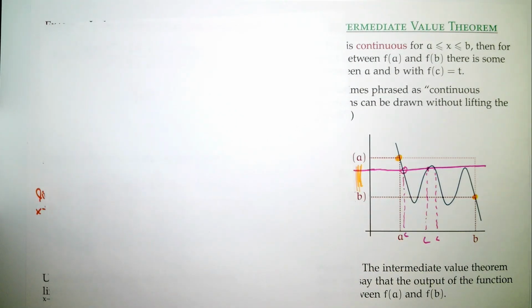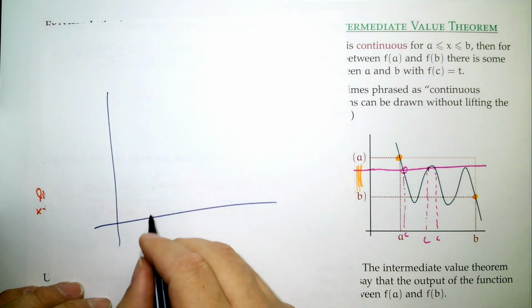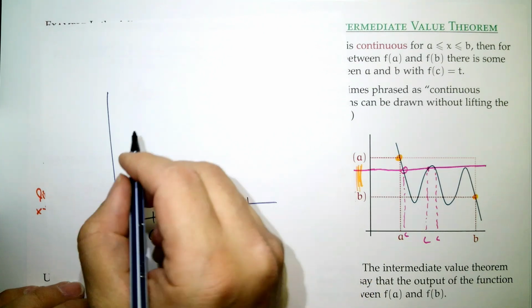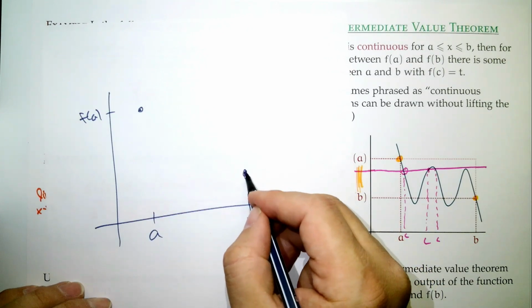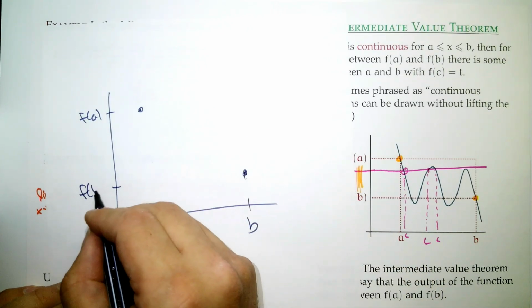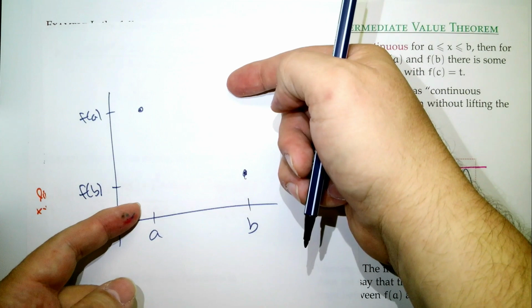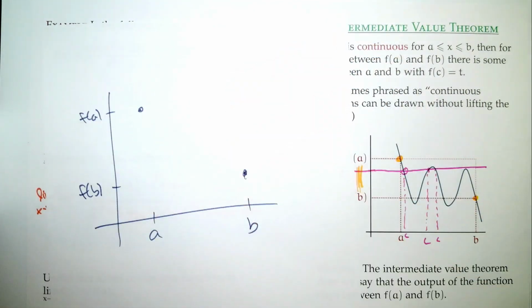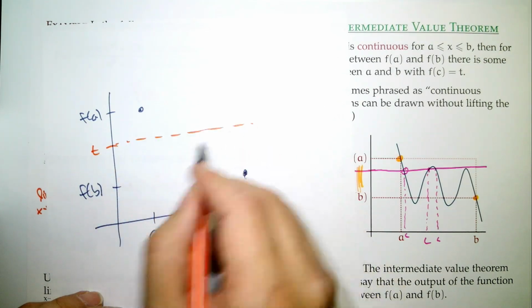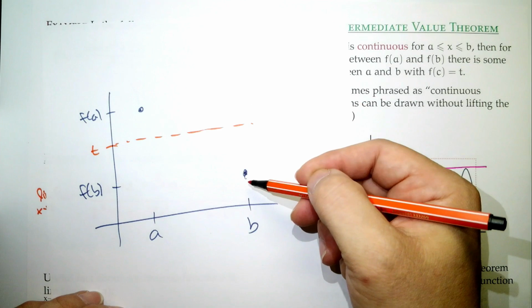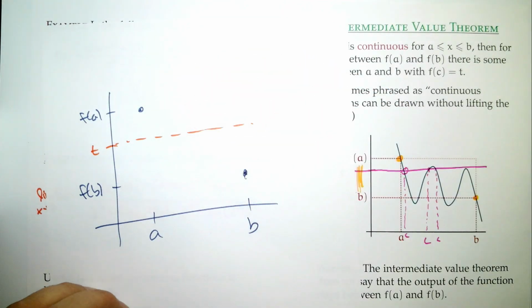Well, maybe, I'm not a great artist, but let's say here is f of a, and here is f of b. And we don't make any assumptions, by the way. It could be that f of a is smaller than f of b. It could be the way that it's drawn here. And you might say, well, how do I get from this point to that point without lifting my pencil?